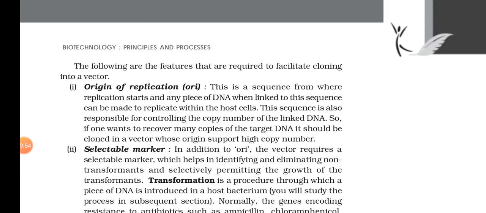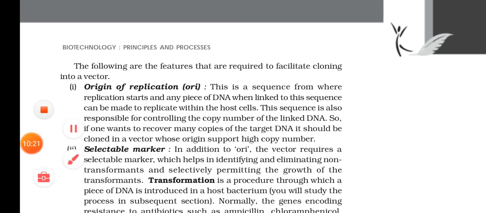An origin of replication is a must because then only the linked DNA can be multiplied, and the origin of replication also supports large number of copies. So I told already, if we want to get a number of copies, then we should use a vector whose origin supports a large number of copies.